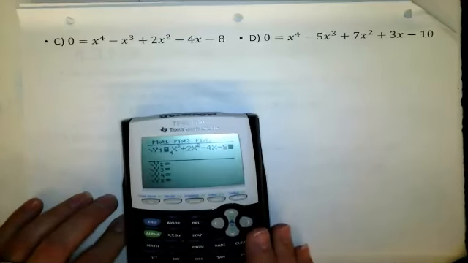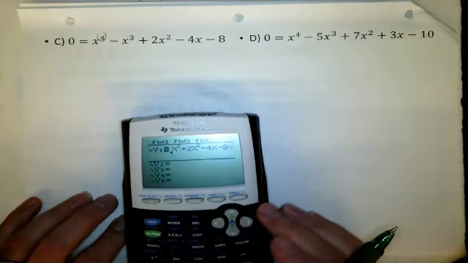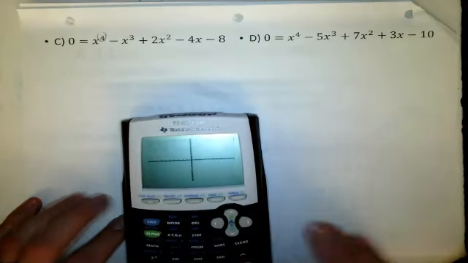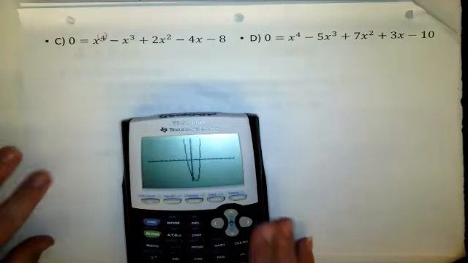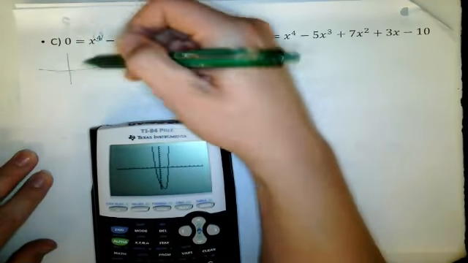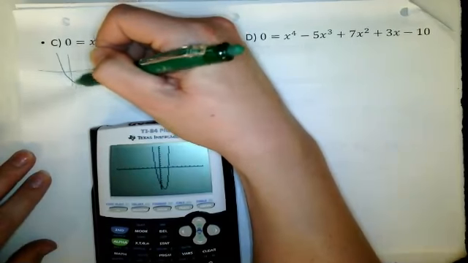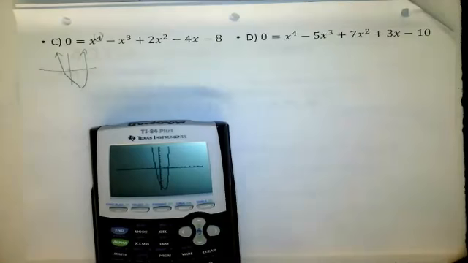It's a 4th degree. It looks kind of like a parabola. It's a drunken parabola. Yes.